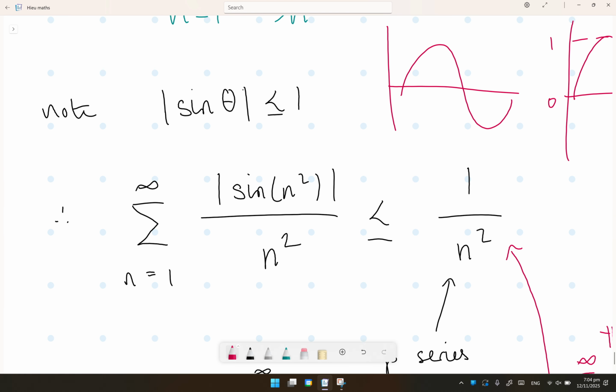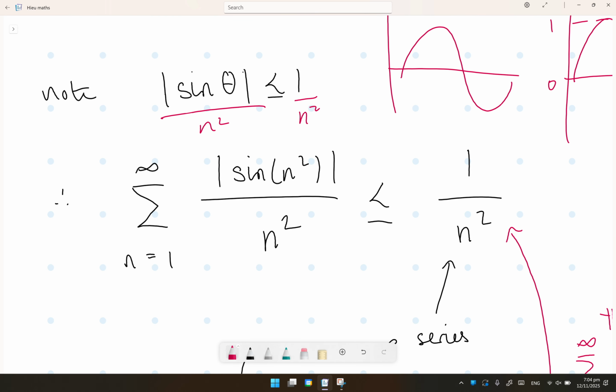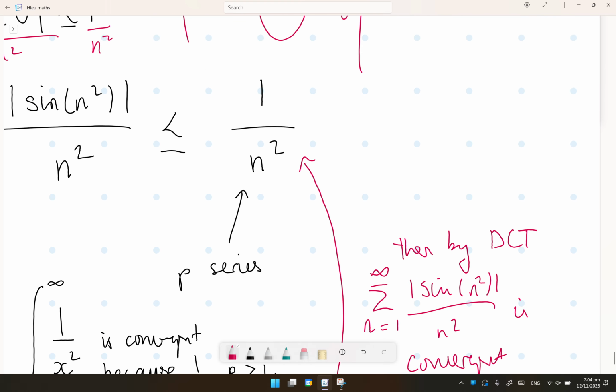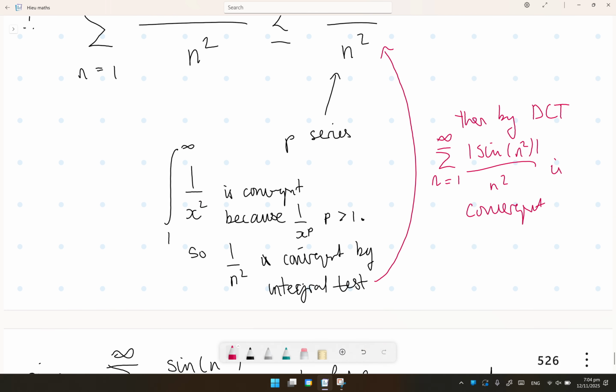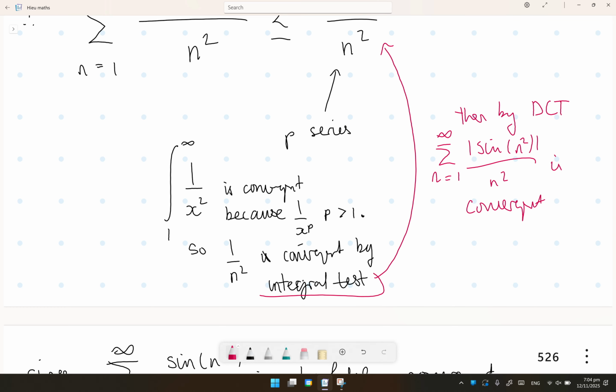We know that because the absolute value of sine of theta is less than or equal to 1, if we divide by n squared on both sides, that's also going to stay true. And we know that 1 over n squared, through the integral test, the improper integral of this from 1 to infinity is convergent, because for 1 over x to the p, if p is larger than 1, then it is convergent.